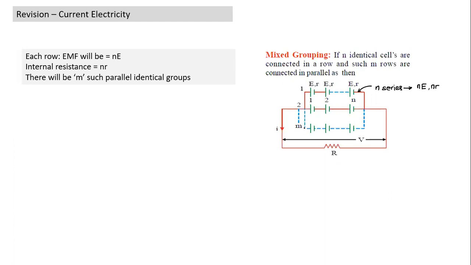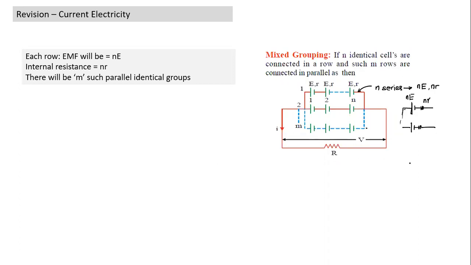How many modules are in parallel? M modules in parallel. So it becomes equivalent to something like this, a battery NE and Nr, and like this, M of them are there. This is how mixed grouping is. So this is NE and this is Nr, and M such modules in parallel.